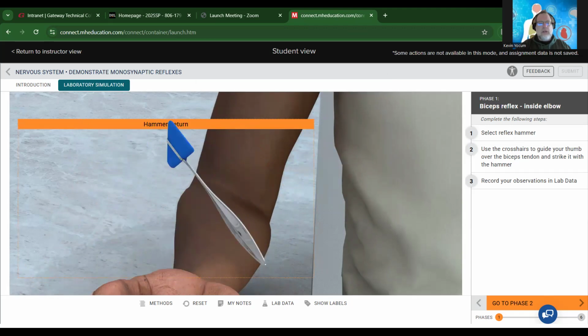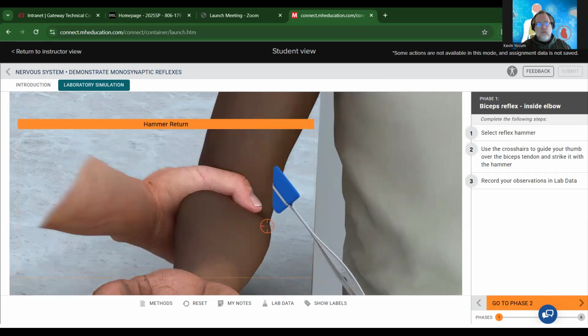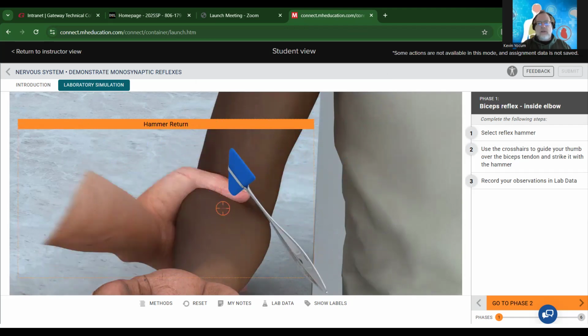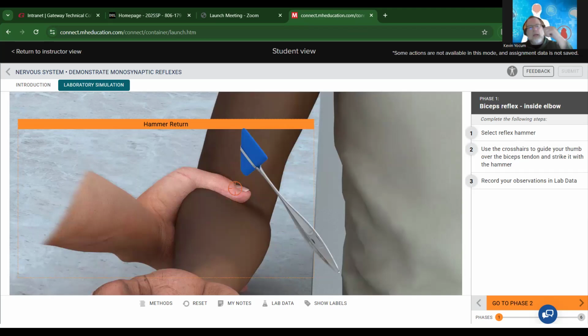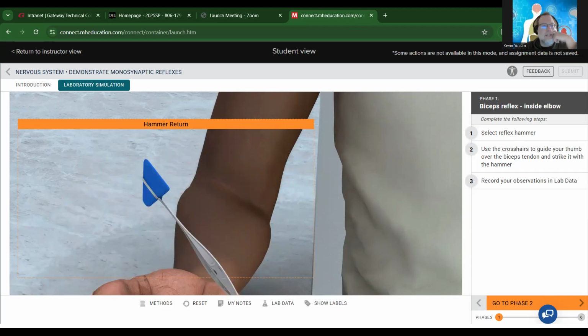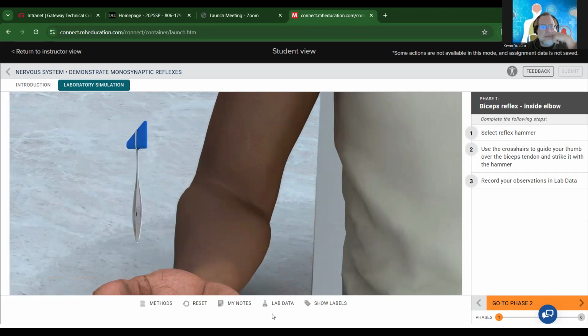Then I can move it around and it's going to guide me where I want to use the crosshairs to guide your thumb over the biceps tendon. So biceps tendon right around in there. Boom. I tap my thumb and it elicited a response. Record your observations, and then I can return the hammer and record my observations in the lab data.